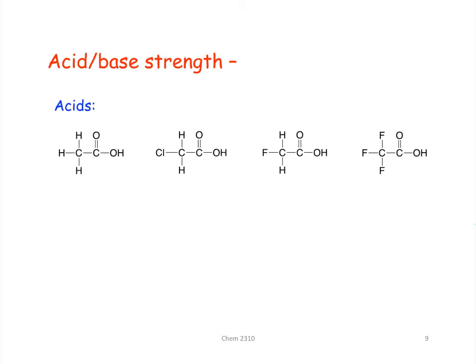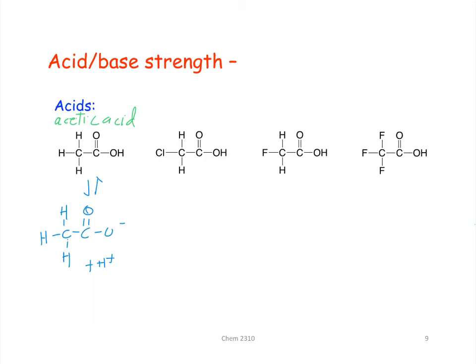Okay, so here's acetic acid over here. Right, we already talked about it. Its conjugate base. Let's go ahead and draw out its conjugate base. It can have resonance. O minus plus H plus.